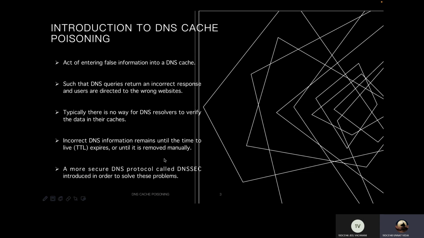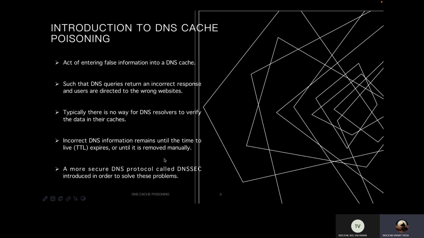So, introduction to DNS cache poisoning. Cache poisoning is basically an act of giving false information by an attacker to gain the personal information of any user. What the attacker does is write incorrect DNS queries as an incorrect response to the user.